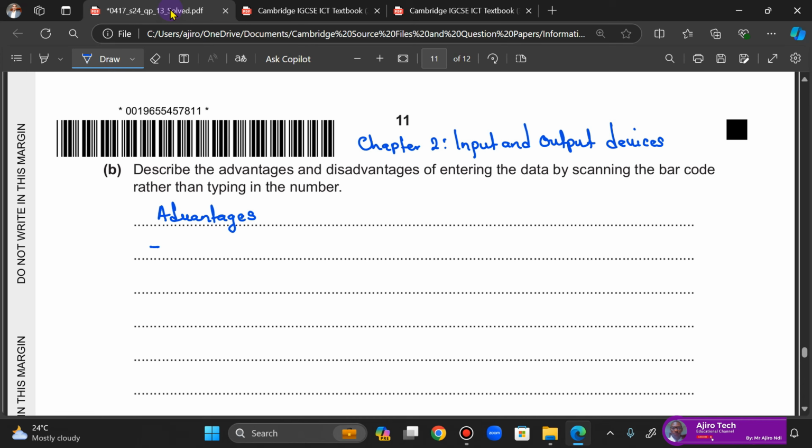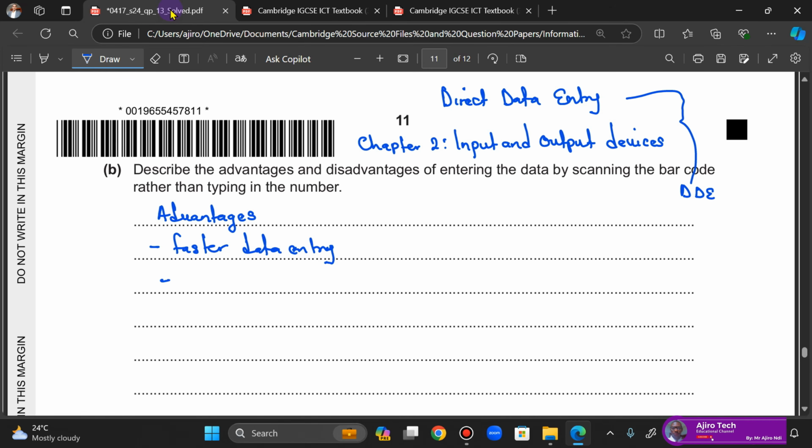So here you have a faster data entry because this one falls under what we call the DDE. Now, if you're wondering what DDE means, this means direct data entry. Okay. So here you have a faster data entry.